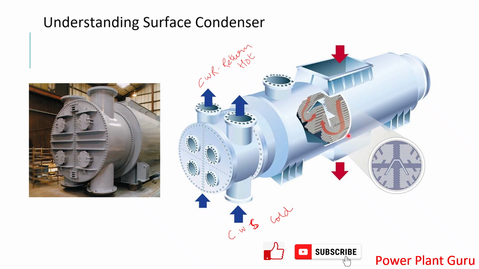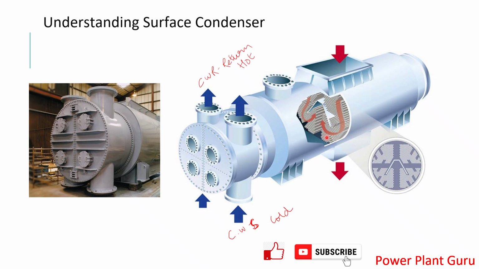Inside the tubes means the tubes are relatively colder, and the steam which passes over the outer surface of these tubes, where inside there is cooling water, will exchange heat, and then the steam will lose its heat and convert into water. That is the basic fundamental here. Cooling water is exchanging heat with these tubes.